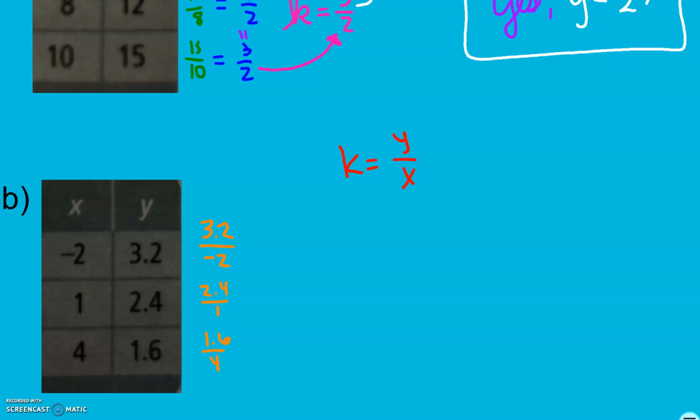I'm going to simplify here if I can. So here I get negative 1.6. Here I get 2.4. And here I get 0.4. Those are not equal. So this is not a direct variation.